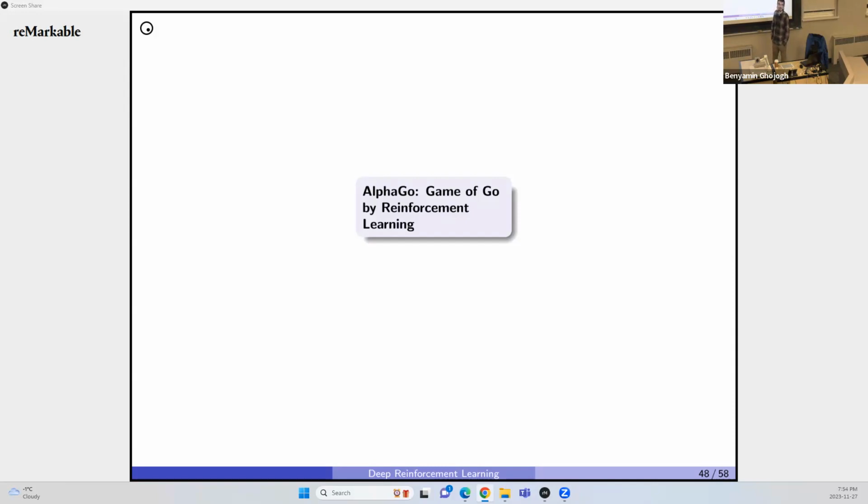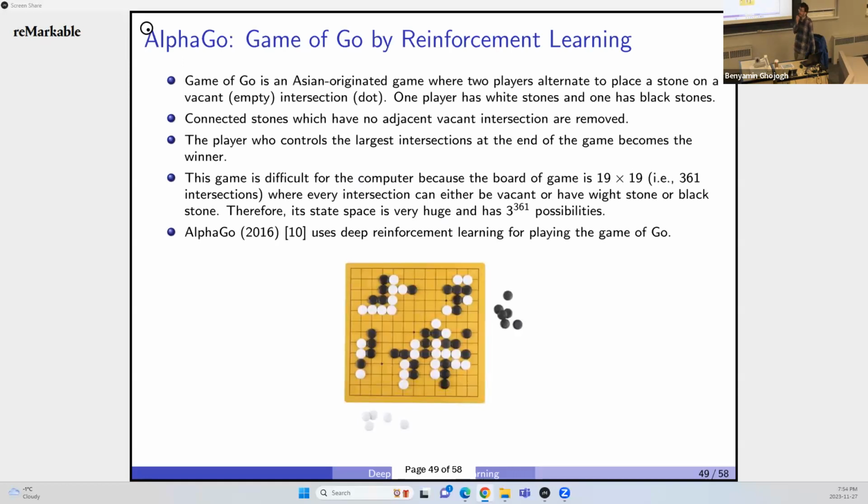We also have AlphaFold, for example, for use of artificial intelligence for protein folding, right? So AlphaGo is the game of Go by reinforcement learning. And they usually publish these papers in Nature, okay?